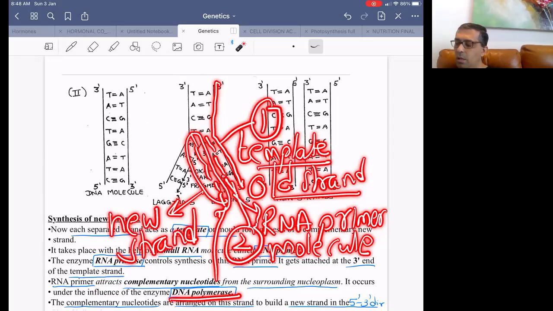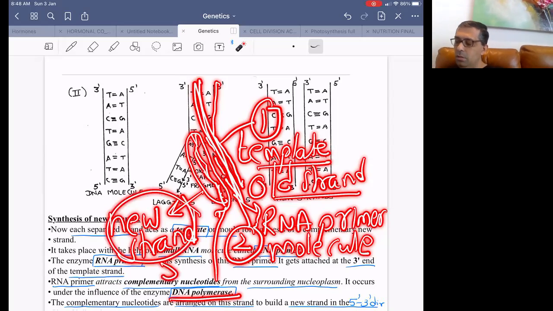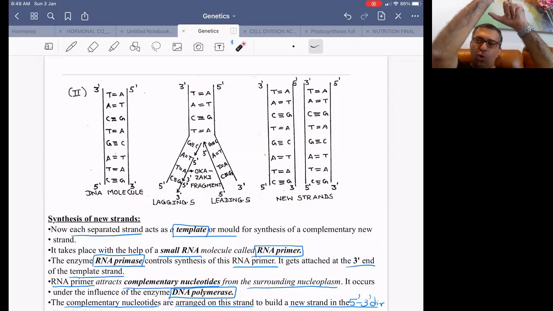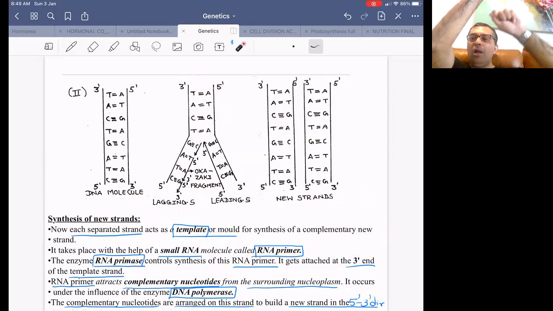That is in between. एंड उसके ऊपर ये क्या बन जाता है? न्यू स्ट्रैंड. सो वी हैव टेम्पलेट, वी हैव आरएनए प्राइमर मॉलिक्यूल एंड वी हैव न्यू स्ट्रैंड. टेम्पलेट के ऊपर ये है आरएनए प्राइमर मॉलिक्यूल मेड विद द हेल्प ऑफ प्राइमेज एंजाइम, and then DNA polymerase brings in new nucleotides and constructs the new strand.